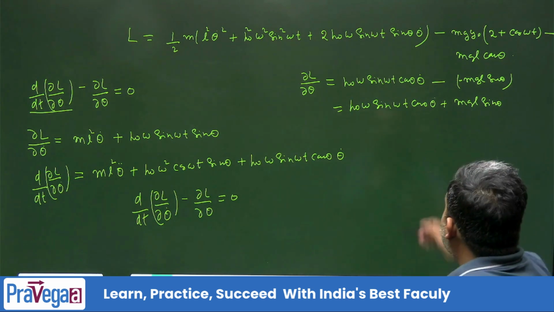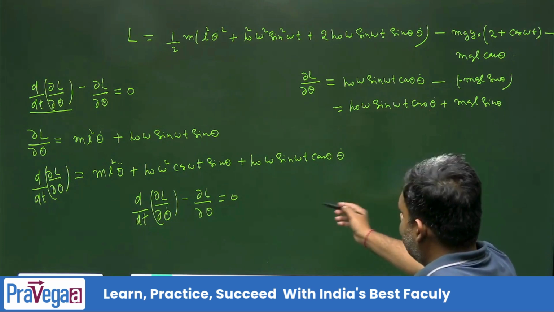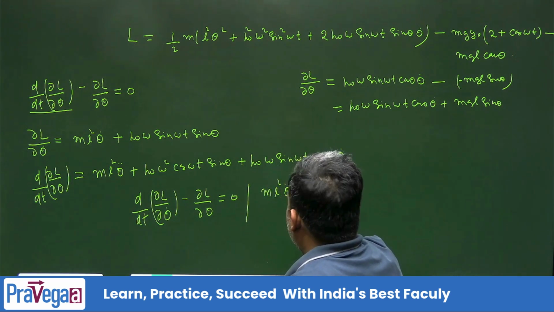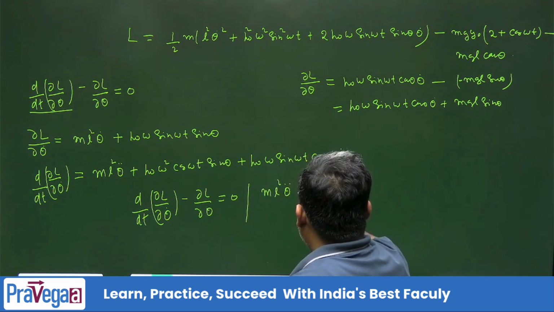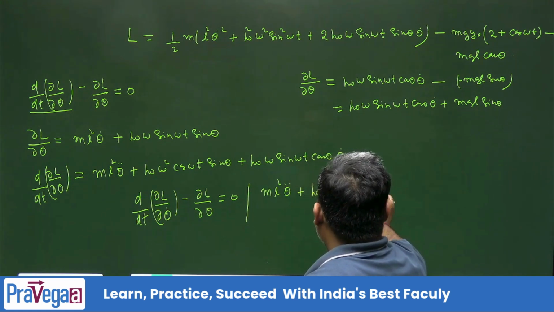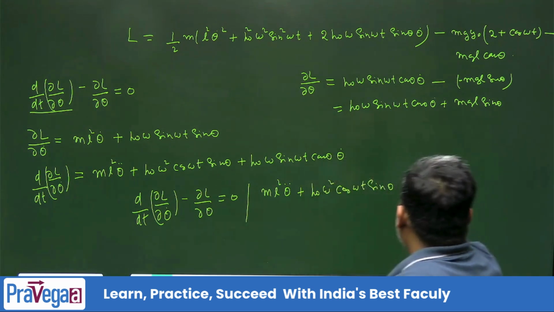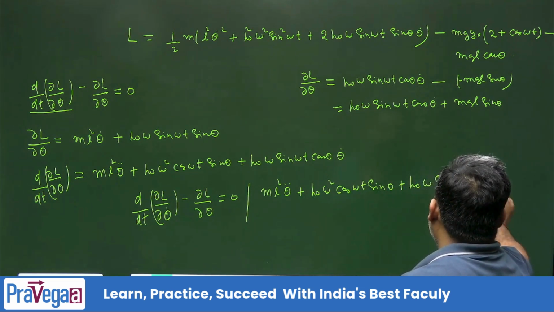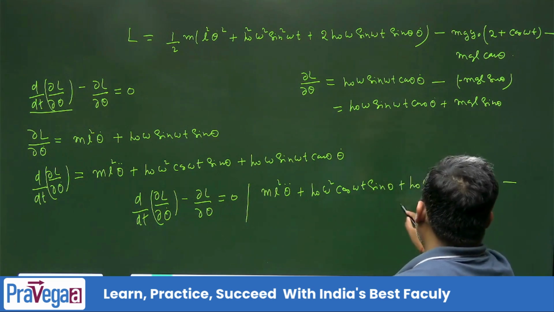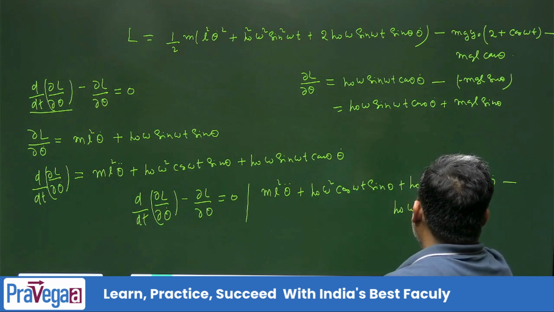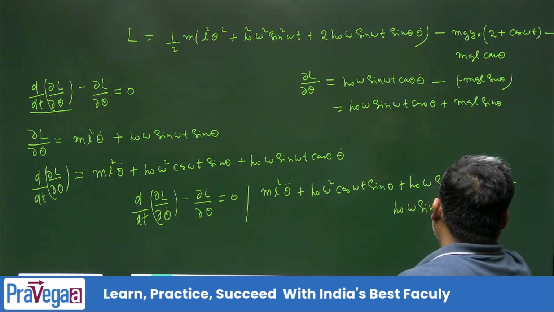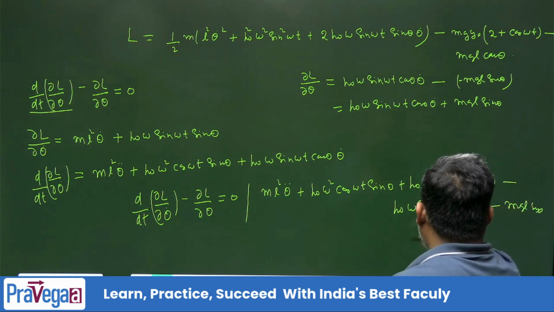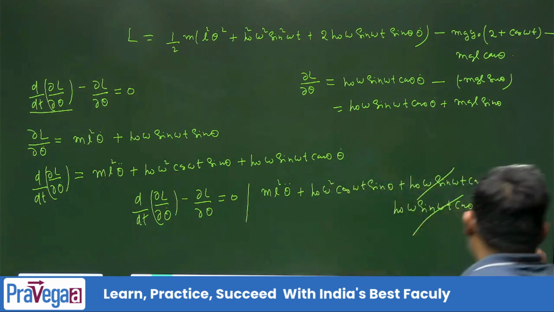I am writing it correctly: mL²θ̈ plus h₀ω² cos ωt sin θ plus h₀ω sin ωt cos θ θ̇ minus, here we have the minus sign, h₀ω sin ωt cos θ θ̇ minus mgl sin θ. So, this term and this term cancel out, and that must be equal to 0.